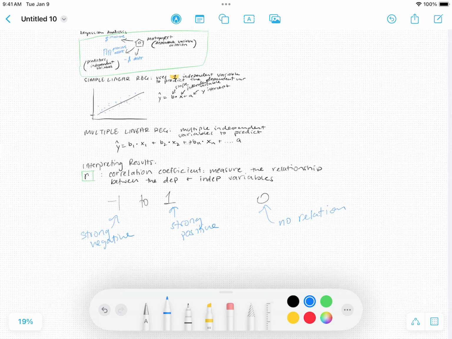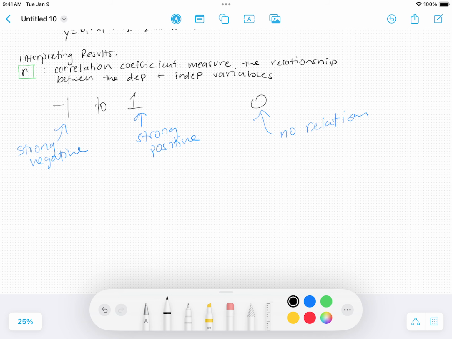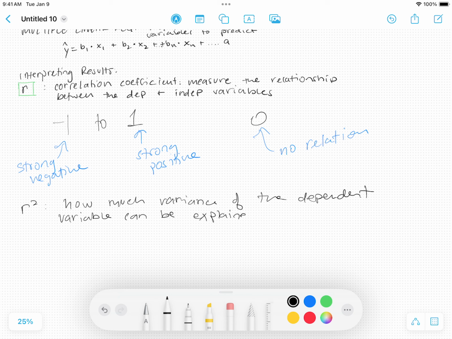Now there are two more things I want to quickly talk about. One of them is R squared, which basically tells us how much variance of the dependent variable can be explained by the independent variable.